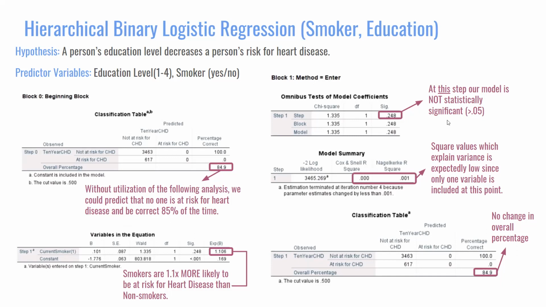So we need to add some more variables to see where that takes us. The R-square values here explain variance, and we're at a very low variance, but there's nothing really to vary because we only have the one single item. So there's not much told there.